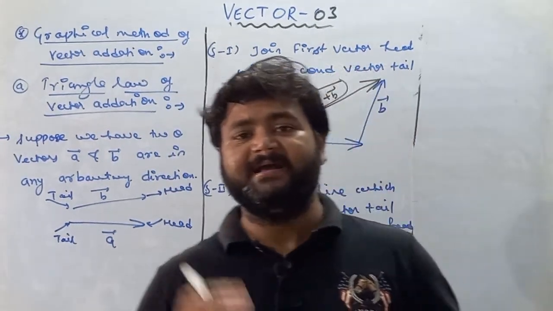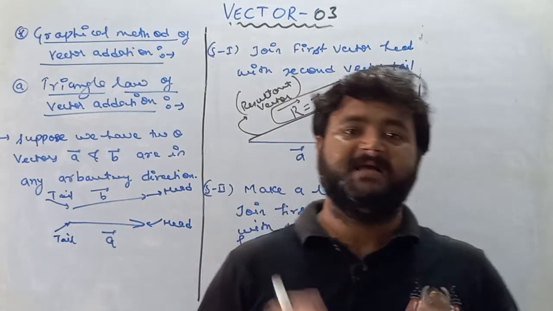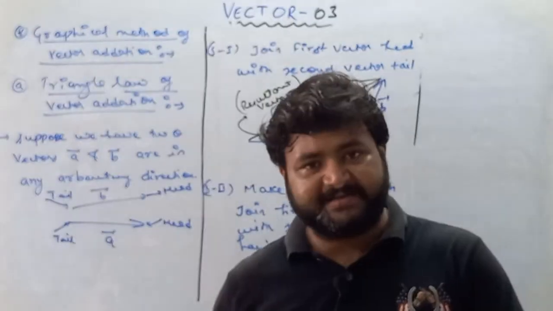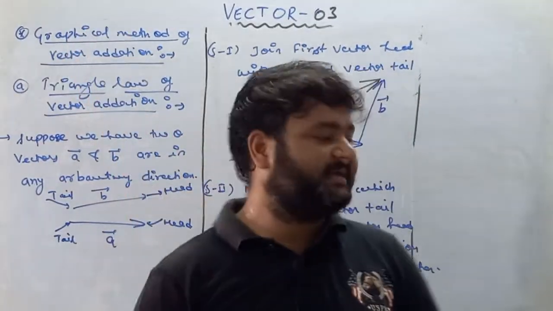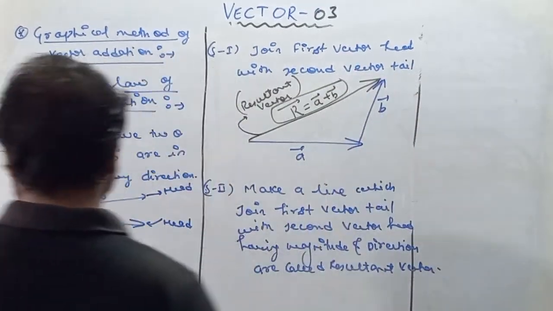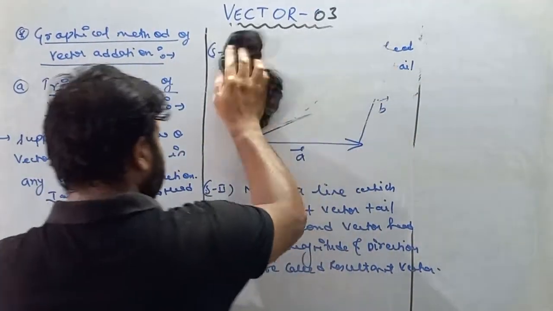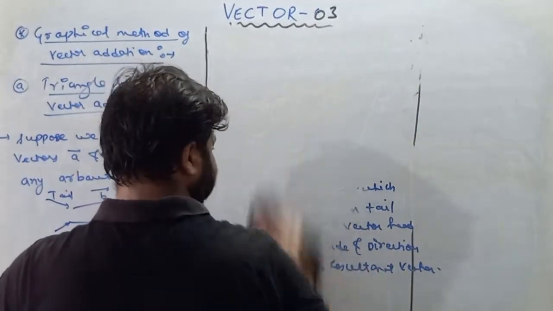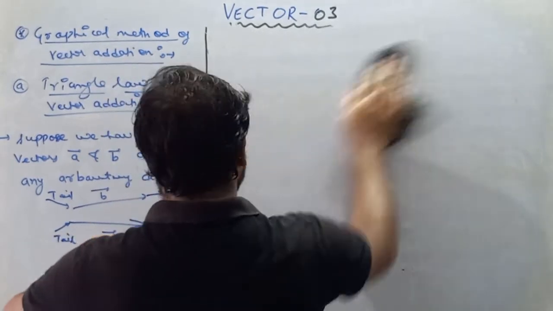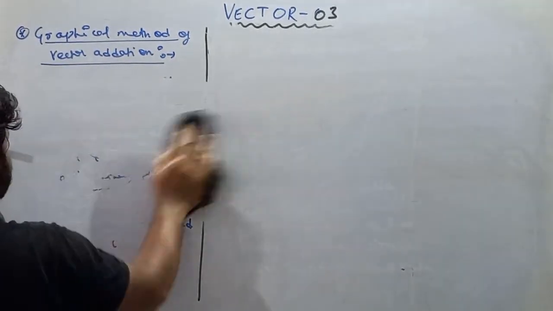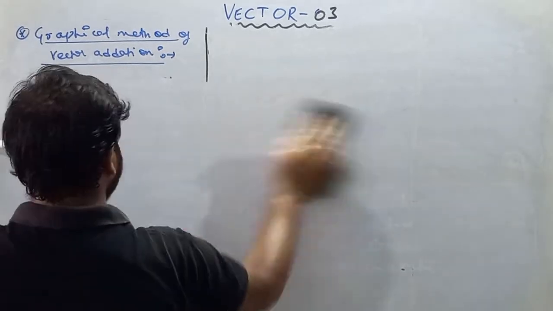Now moving forward, our second vector addition is the parallelogram law of vector addition in the graphical method. So write down, second method of vector addition is parallelogram law of vector addition.